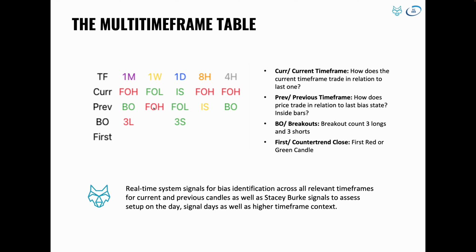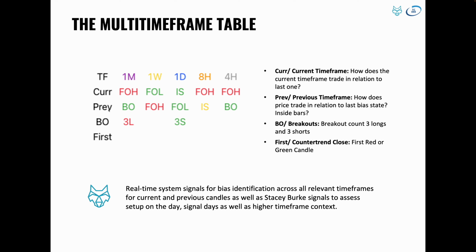So here we see the previous week was in fake out high, and now the current one is in fake out low. So that means the previous week's long traders are still trapped, and we didn't relieve them yet. So as soon as the week after this fake out low might trade up again and crosses the breakout level of the week before that it was lost, then this switches to breakout, and then you see that the trend aligns and that both current and previous are potentially bullish again.